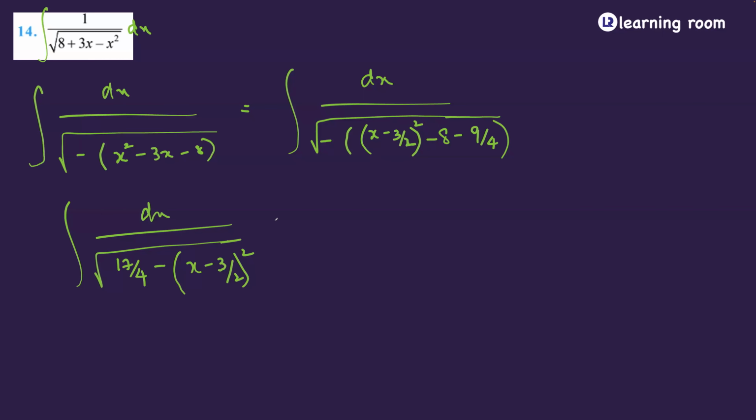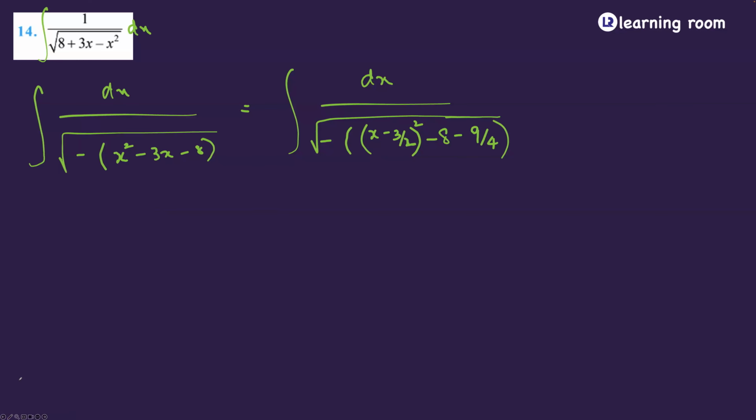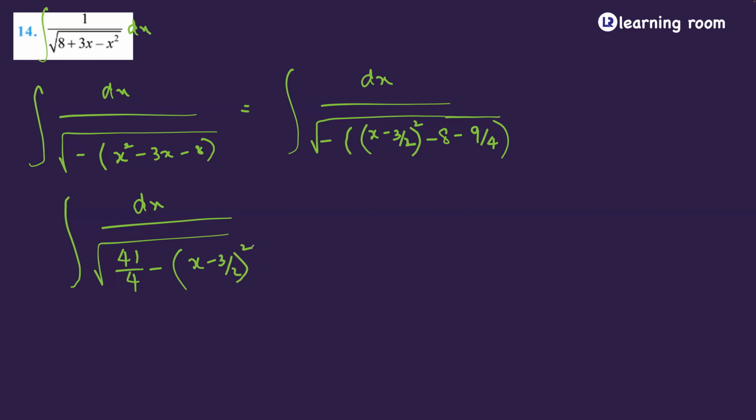Right? So this is going to be integral of dx divided by square root of 41 by 4 minus of x minus 3 by 2 the whole square. Am I right?